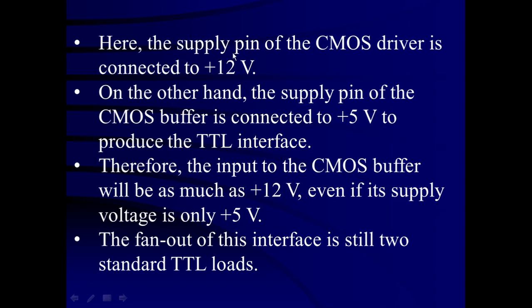Here the supply pin of the CMOS driver is connected to 12 volt. That means the CMOS driver we are utilizing at 12 volt, so all its advantages are going to be maintained.